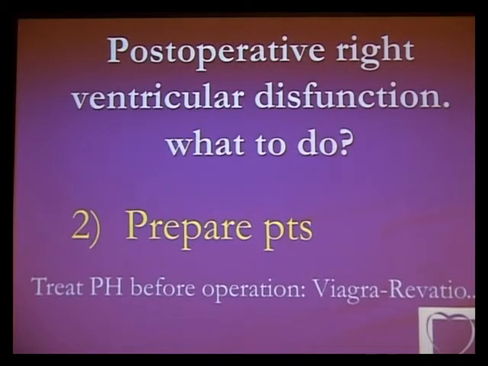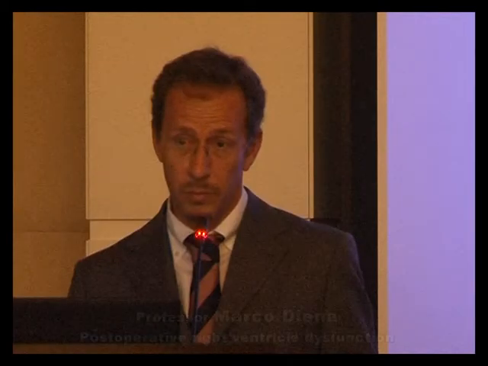And what happens in our hospital: the patient, if arriving with important pulmonary hypertension, is prepared for 1 month or 2 months before the operation, of course in case of elective operation, to reduce pulmonary hypertension and to have a better outcome postoperatively.